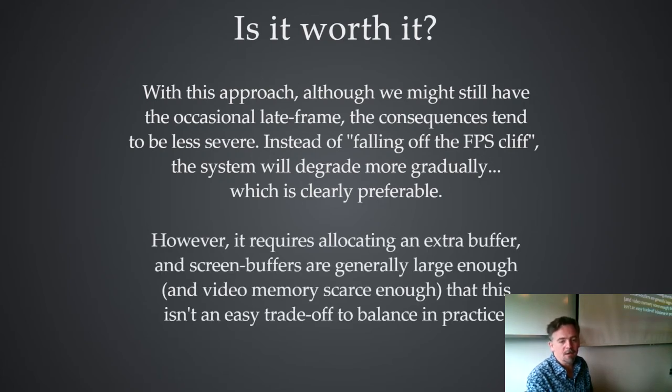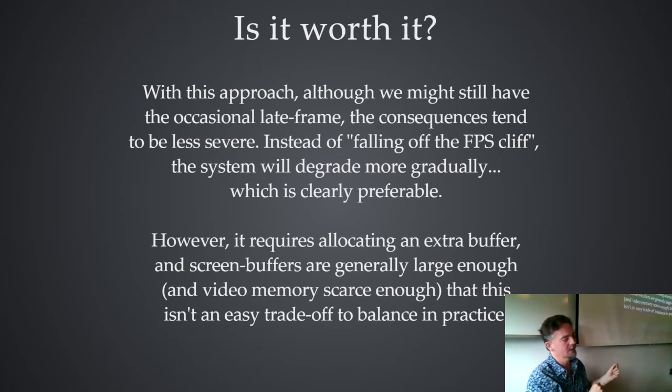So that's quite good. The downside is you need a third buffer, and buffers take up memory. And actually sometimes, depending on your rendering technique, when I say one buffer, there might be many buffers behind the scenes. Sometimes with complex renderers, you're drawing one buffer for the main surface and a different buffer to do the shadows, and then you combine them together and all this kind of thing.